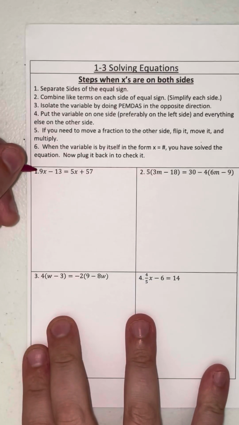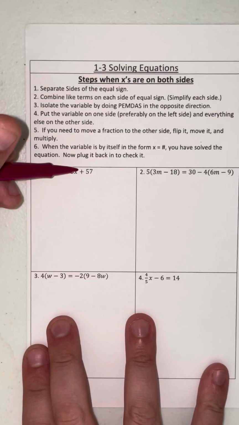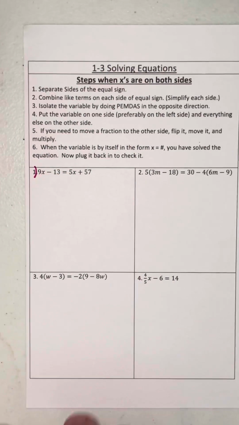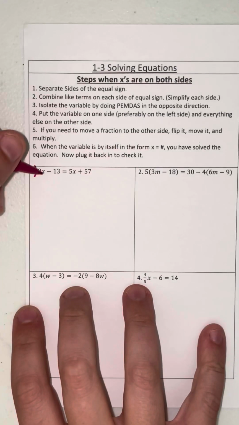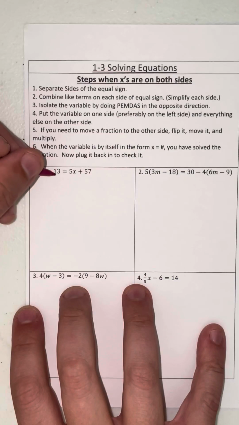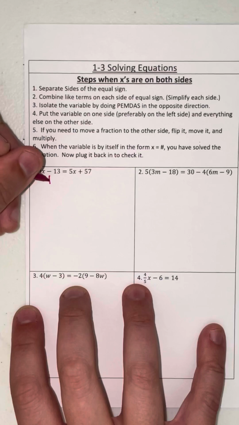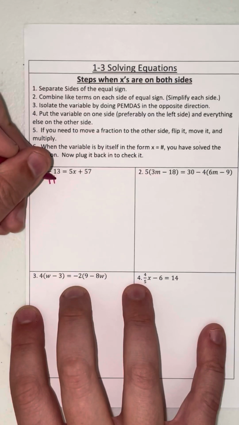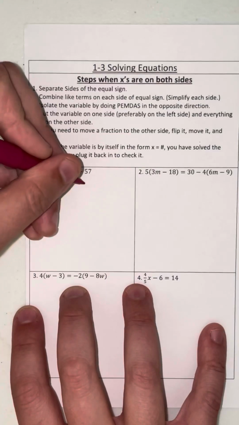So let's dive right into the first one. I've got 9x minus 13 equals 5x plus 57. Going through this, I need to first get this 9x by itself. So starting out, I'll add 13 to both sides.